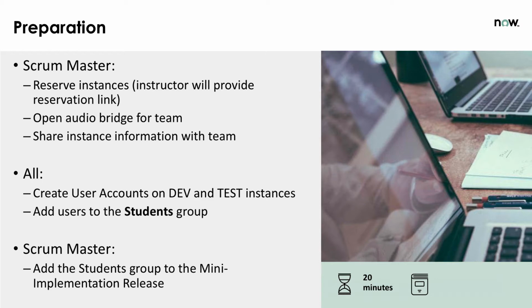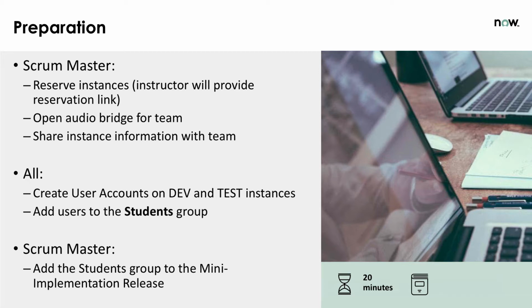Preparation, Scrum Master: reserve the instance, make sure that we've got an audio bridge, share the instance information with teams, create user accounts, add the users to the students group. You should see all of the stories in the mini implementation release and start planning.